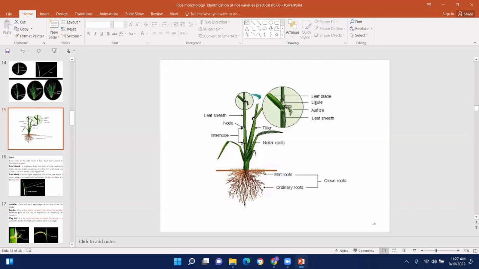Okay, this one is called the ligule. Not this one, this one.